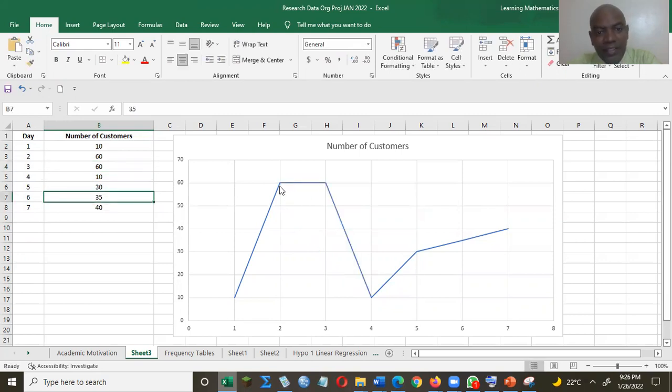And as you can see, it shifted, indicating what is happening to the y variable, number of customers. So the line is adjusting according to the behavior of the y variable. It shows you how the y variable is behaving, what's happening to the y variable.